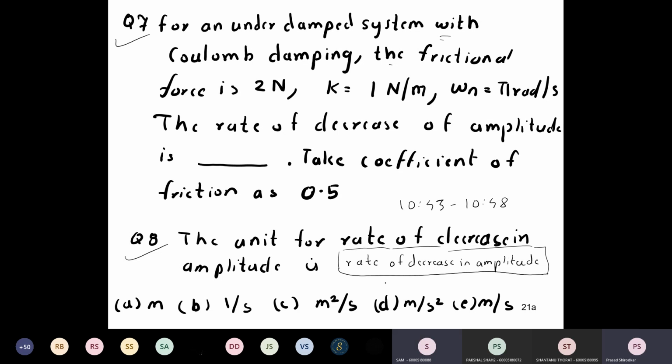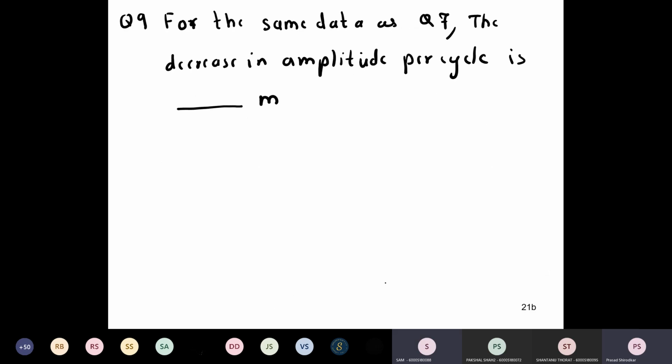Sir, the ninth question you show later, no? Yes. Question 9: for the same data as question number 7, you have to find out the decrease in amplitude per cycle. You have 1 more minute to submit your answer.